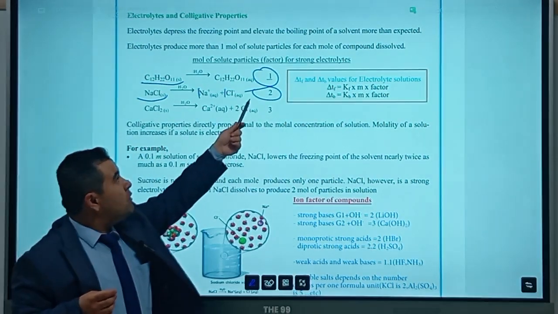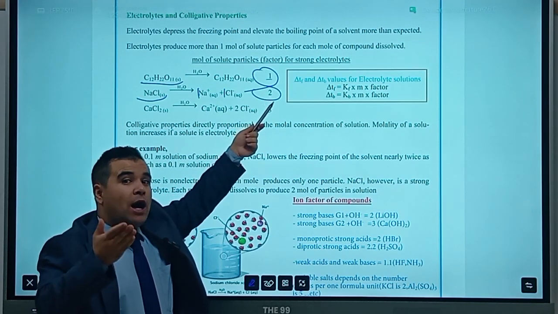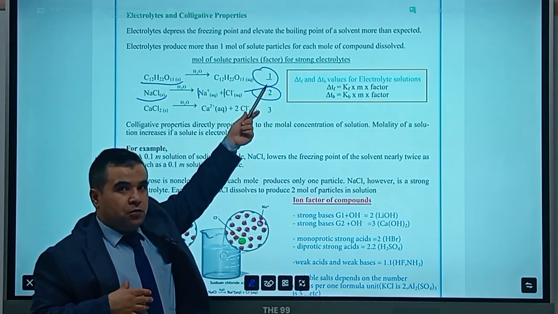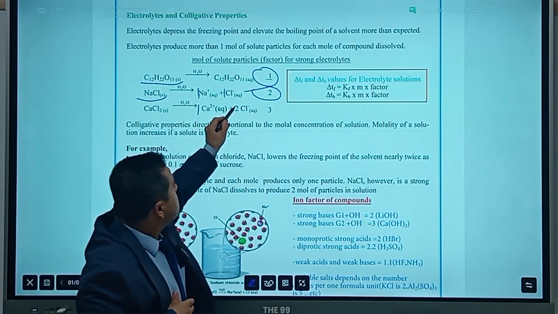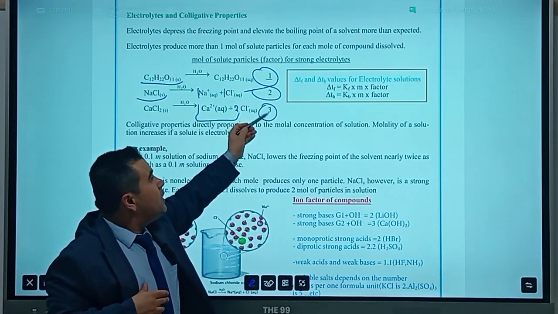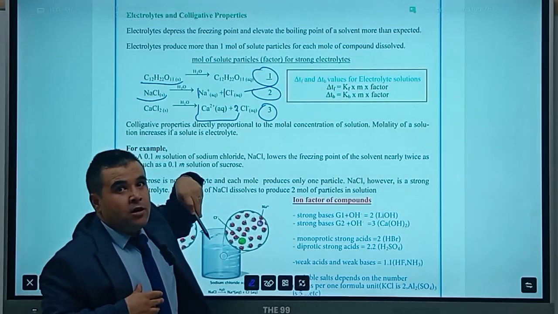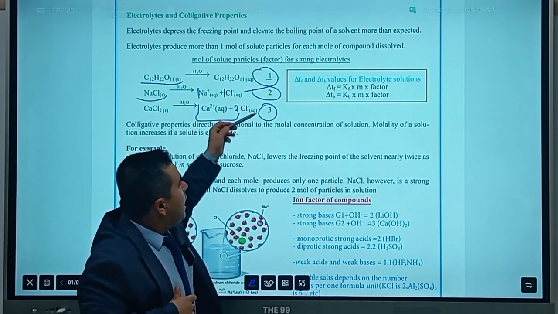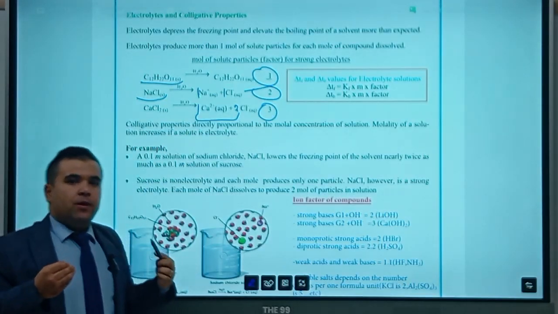So the effect of the NaCl, as it produces 2 ions, will be twice the effect of the sugar. And calcium chloride will produce 3 ions, so the factor is 3 times the sugar, it is tripled. For the NaCl, the factor is doubled, and for the CaCl2 it is tripled, and so on.